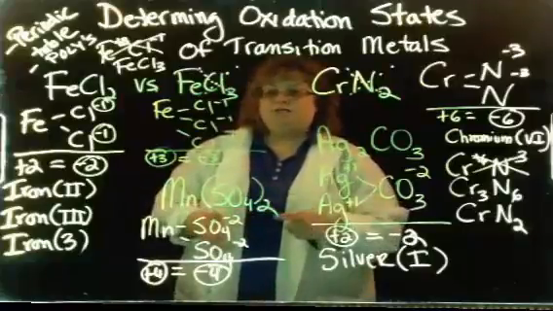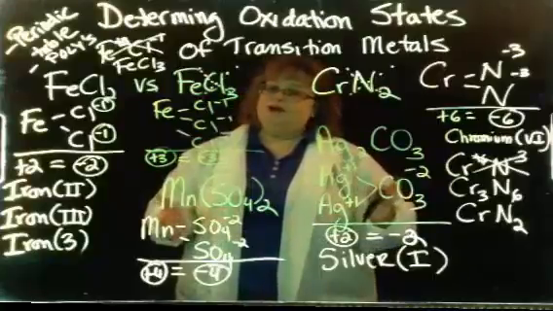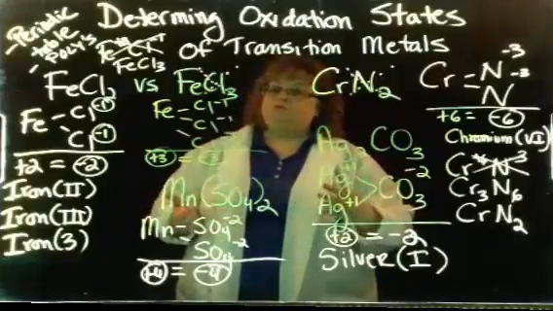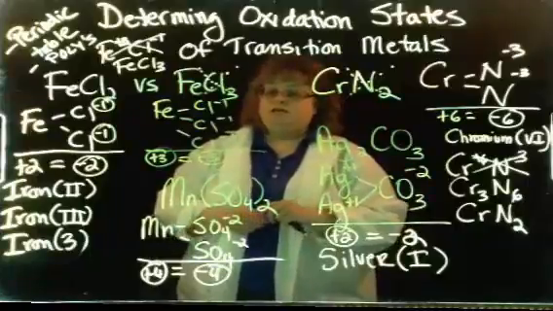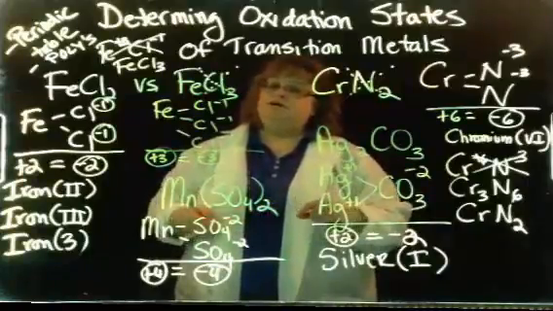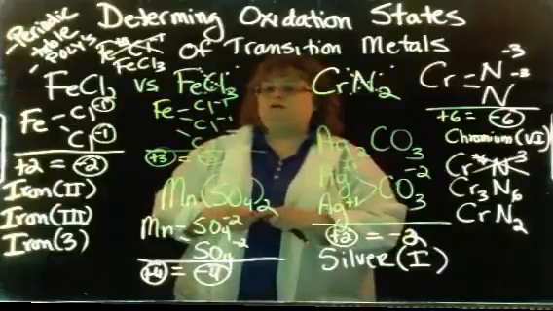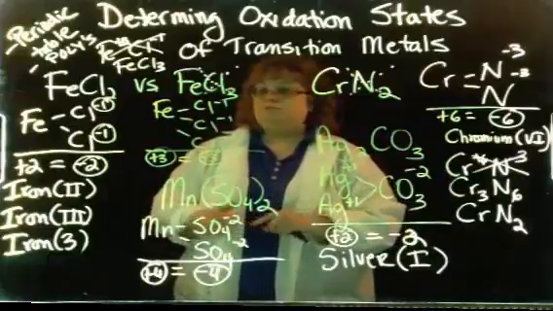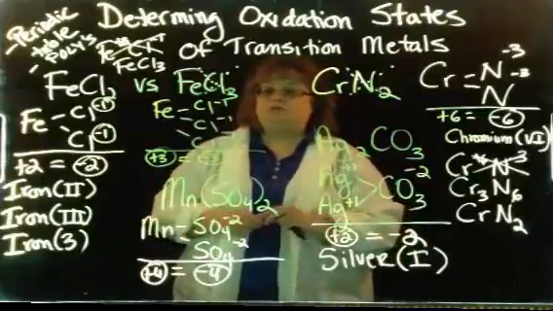Now these take practice, and usually half the class catches on really well, and the other half are struggling. So when we practice, make sure the ones that are understanding help the ones that are struggling. But this is important for the next video, when I show you how to name compounds with transition metals, because this is the extra step that all transition metals need to have because they're crazy, so they need this extra work. So good luck, and let's work together as a group.